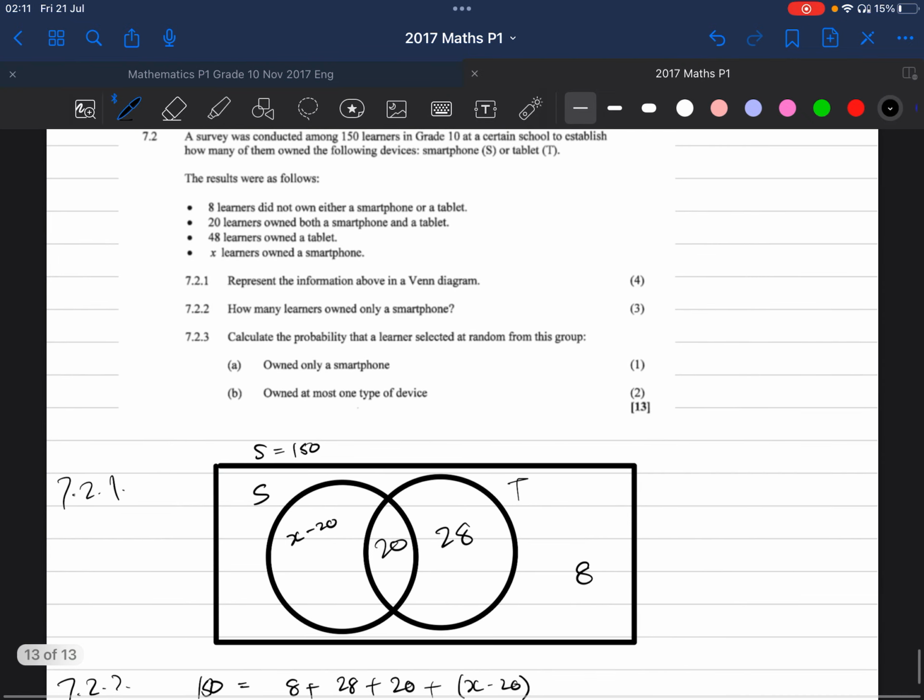Okay, the next one says calculate the probability that a learner selected at random from this group owned at most one type of device.